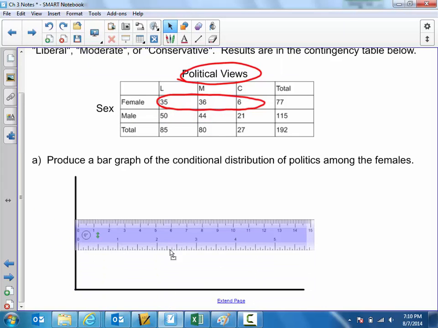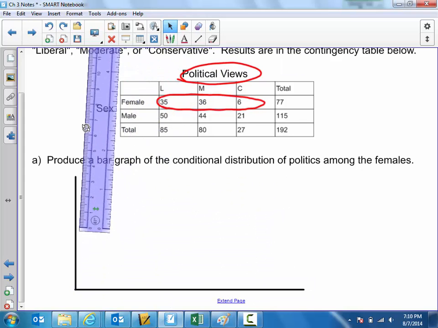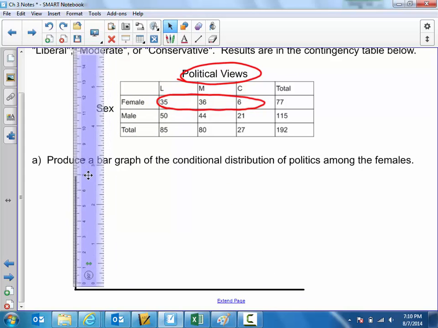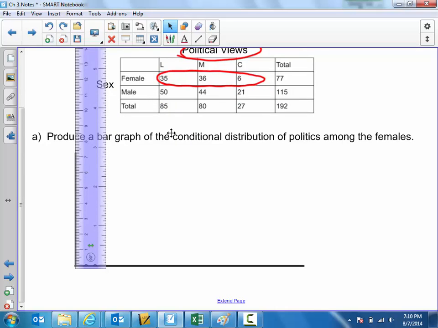So let's take out a ruler really quick. Insert a ruler. Let's measure this guy real quick. Let me turn it over like that. We've got approximately 7 things.